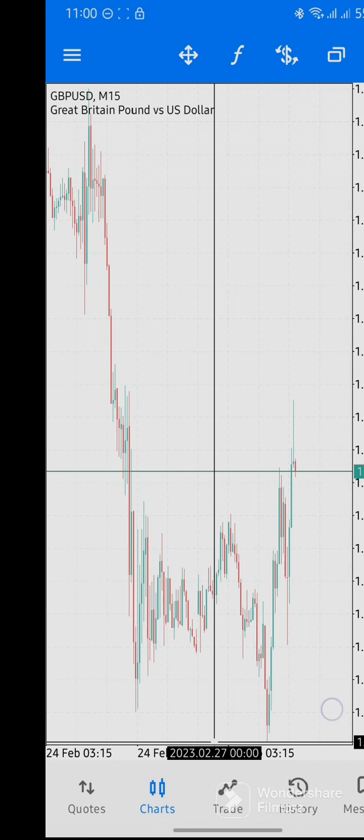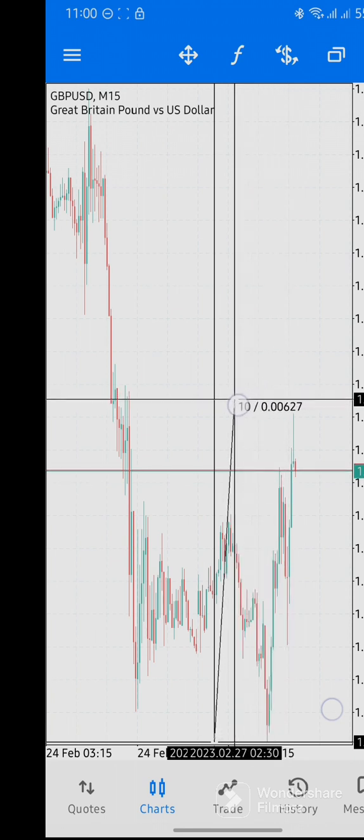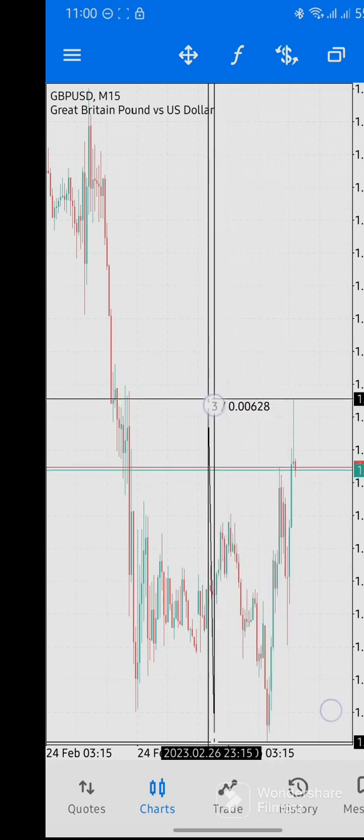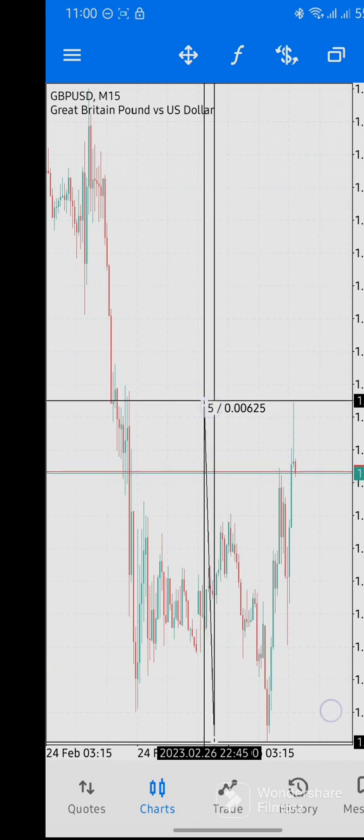Then use your second hand to click on the highest point of where you want to measure the price range. So you can see very well now, from the lowest point to the highest point is 0.00625, which is 62.5 pips. So this is how you calculate.